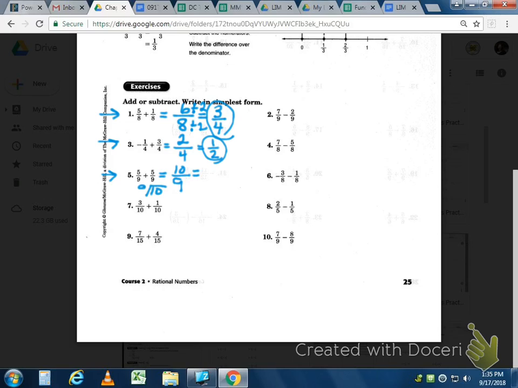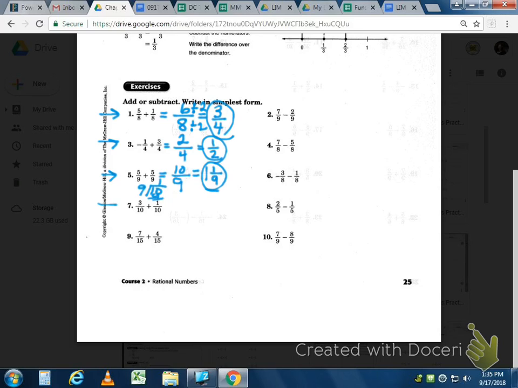How many full times does 9 go into 10? 1 full time, and then what's left over? Right, 10 minus 9, 1. So 1 and my denominator is going to stay 9. So 1 and what was the remainder? 1 and 1/9.